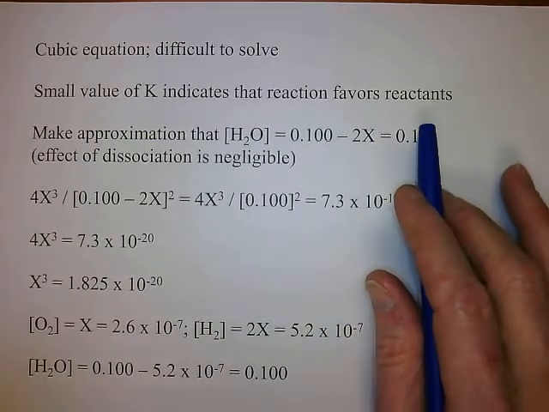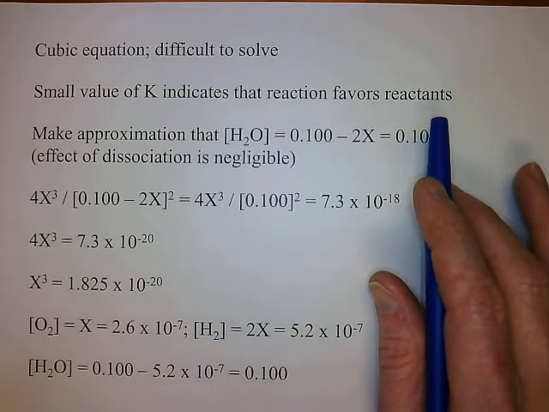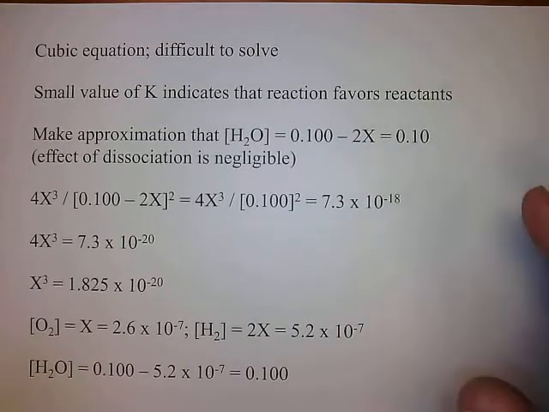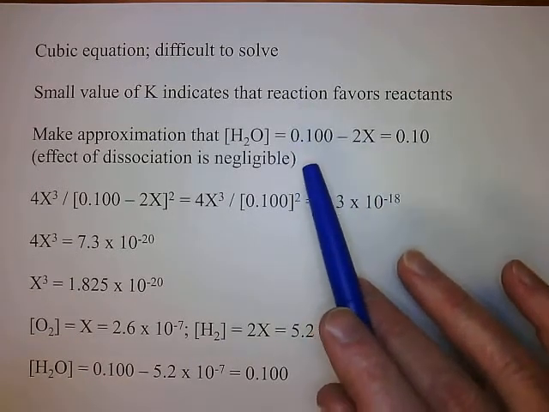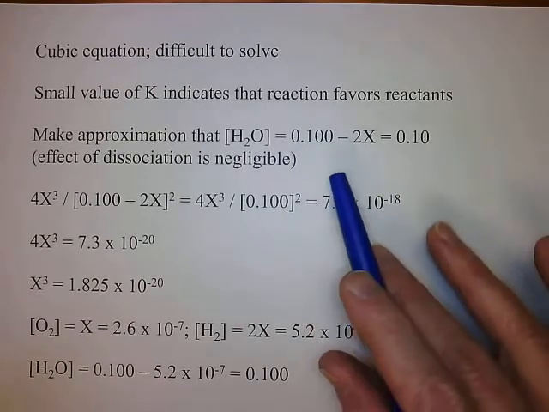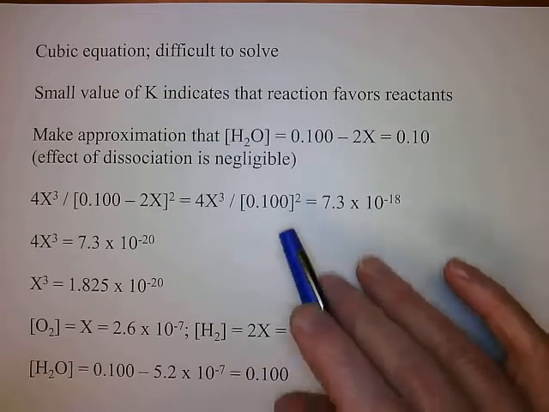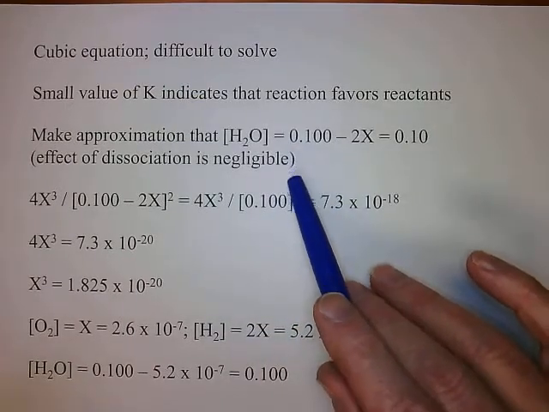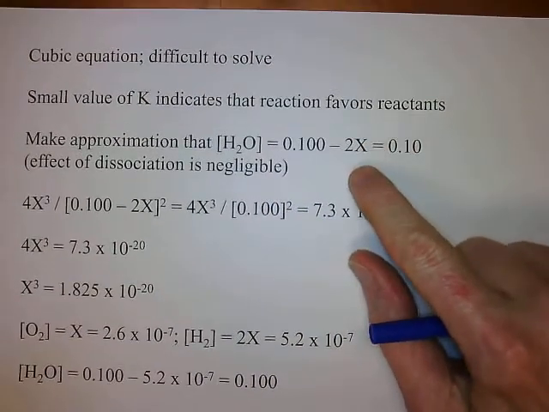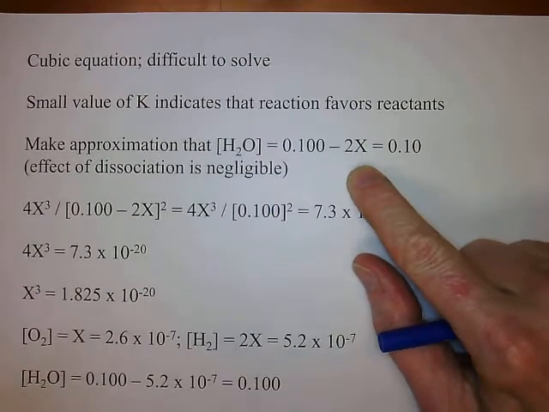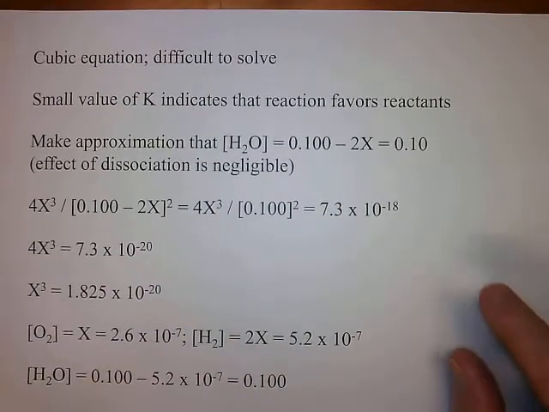Something to the 18th power is a really small equilibrium constant. So we're going to make an approximation. We're going to assume that for all practical purposes, 0.1 minus 2x is equal to 0.1. In other words, we're going to neglect the effect of the dissociation. We're going to say this x is so small, the amount of water that we're going to lose is so small that it's negligible.